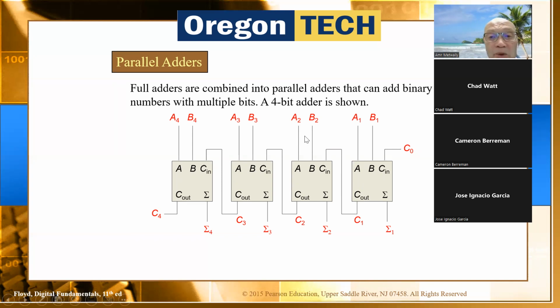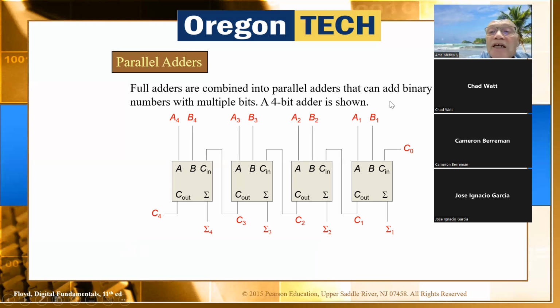I am adding A2, B2, and C in, which is C out 1. And I will repeat that C out 2 will be the carry in of stage 3. The carry of stage 3 will be the carry in for the last stage. At the end, I will have 4 summations and 1 carry.